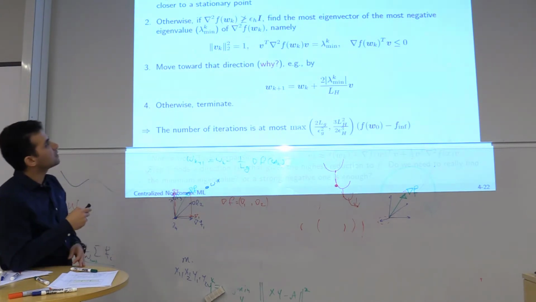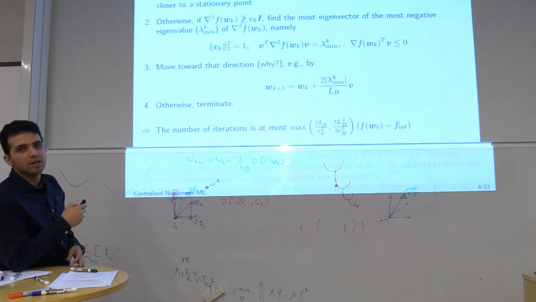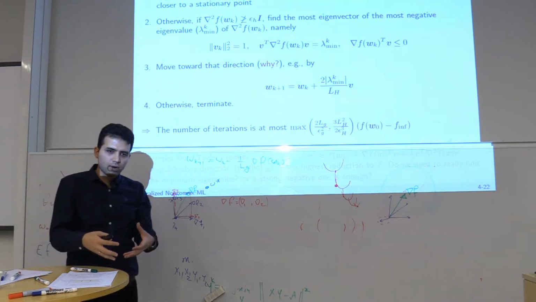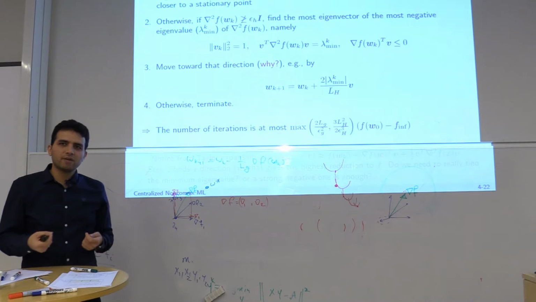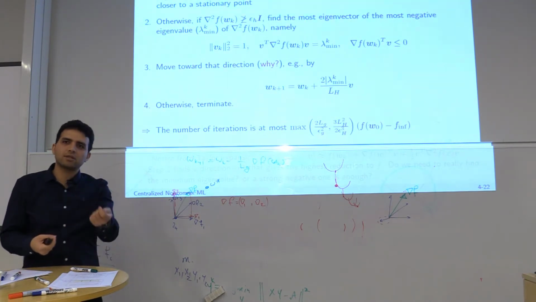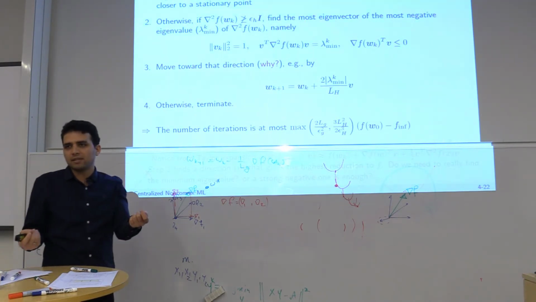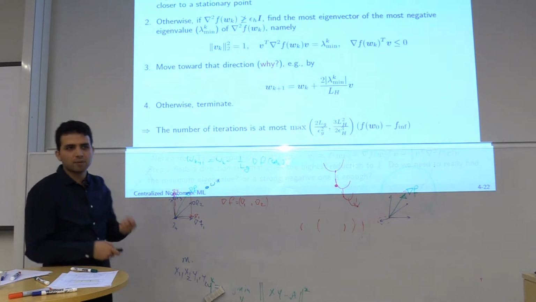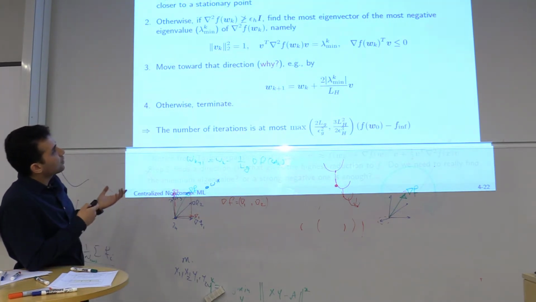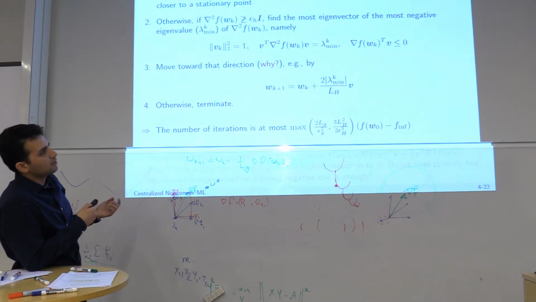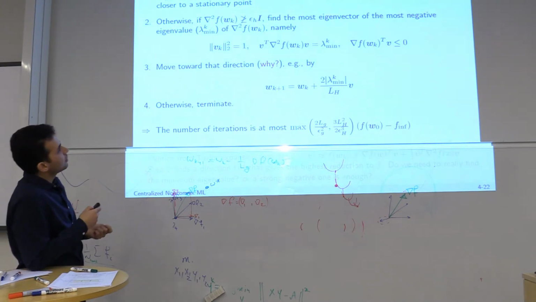What would happen if this doesn't satisfy and that doesn't satisfy? It means that we are in a ball over which the gradient is almost vanished, and the minimum eigenvalue is sufficiently close to 0. So then we say that this is, by our definition, an approximate second order necessary point. So then terminate.